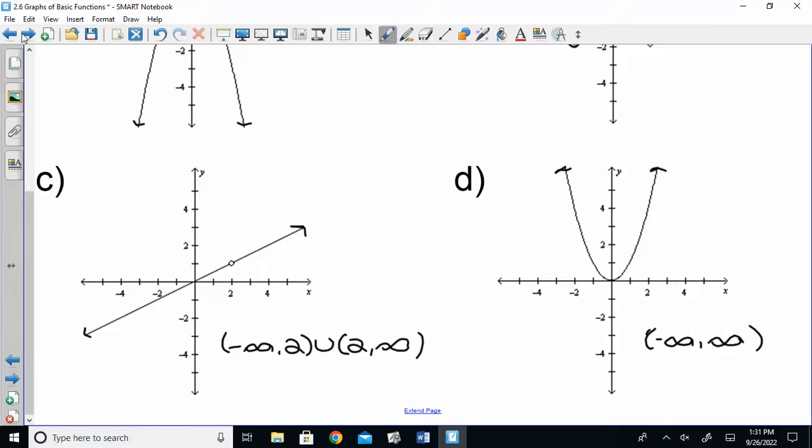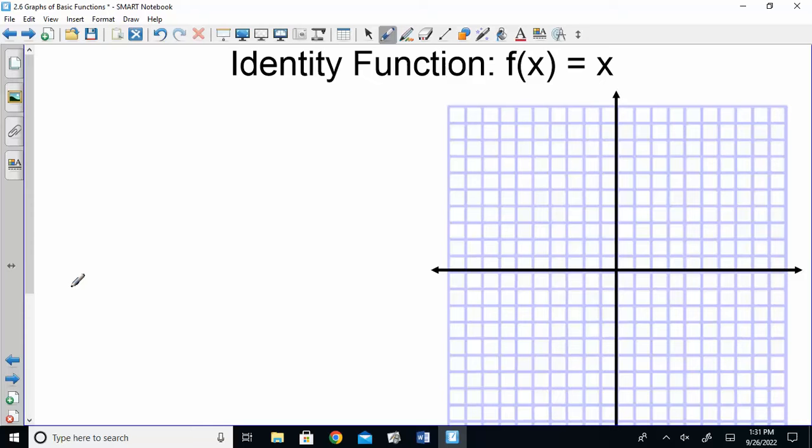Okay, so now we have our common functions. The first function is the identity function, f of x equals x. f of x is the same as what? y. So y equals x. That's something we should be able to graph after the last couple sections. y equals x, that's just a line. The y-intercept is 0. y equals mx plus b, so the slope is 1, or 1 over 1.